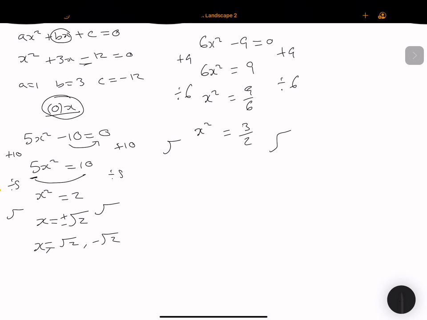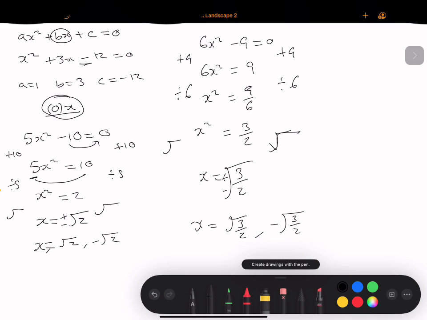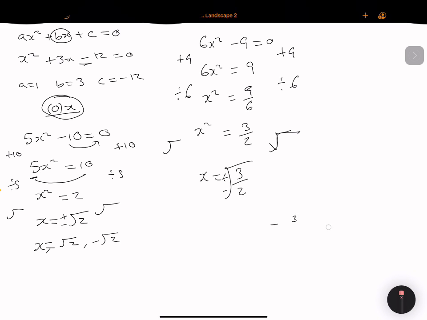X equals 3 over 2 square rooted plus or minus. Therefore x equals either root 3 over 2 or minus root 3 over 2. Okay, so that is if b would be equal to 0.